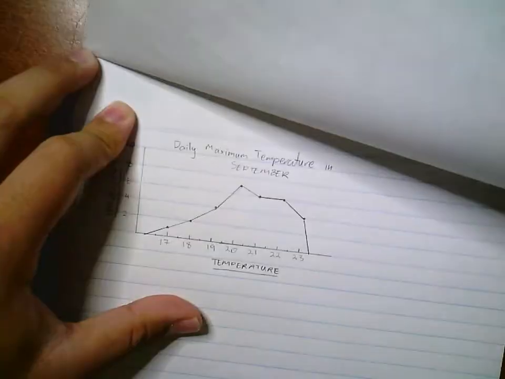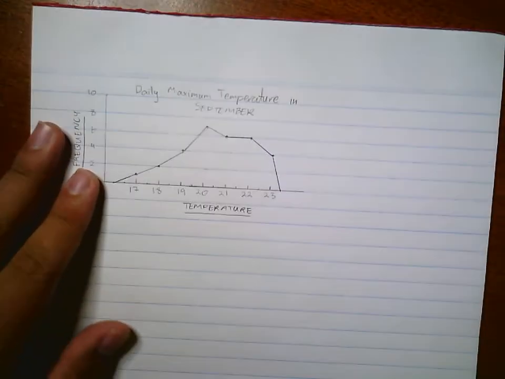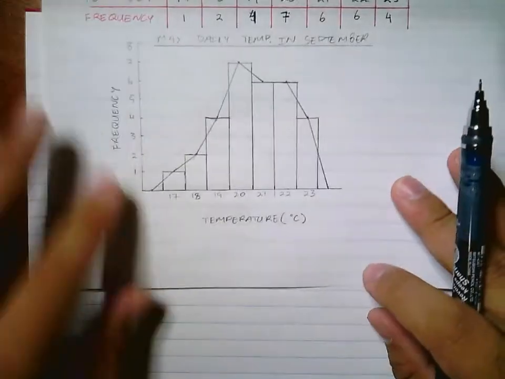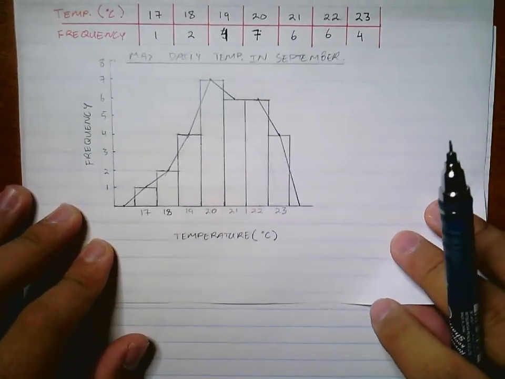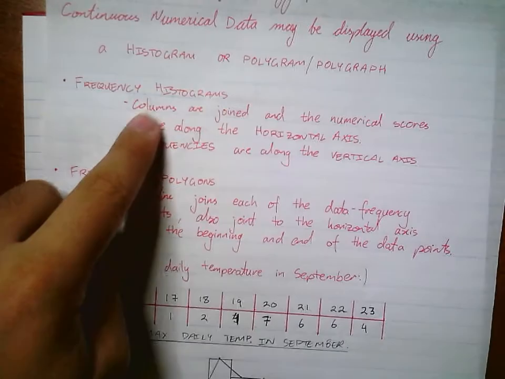If you take a look, this here is only a polygon. So here we have a histogram and polygon, the histogram being only the columns and the polygon being only the line.